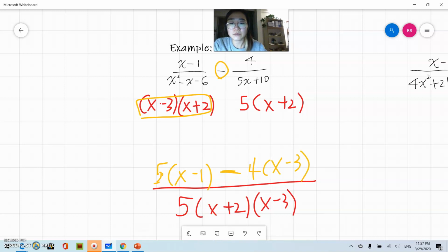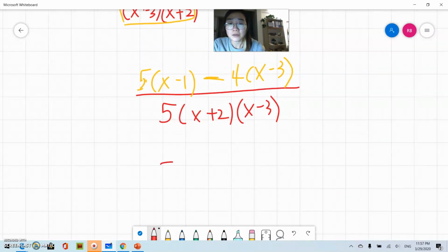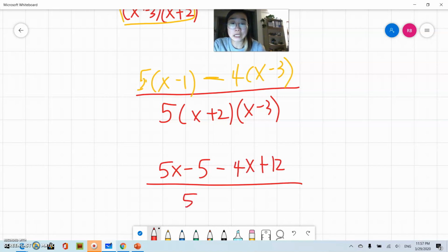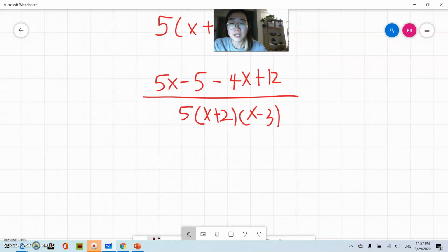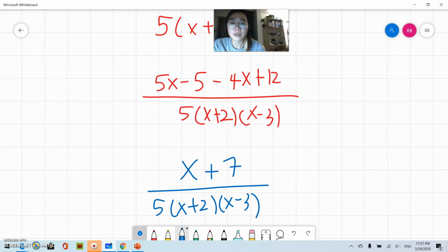So to finish it off, we just simplify the top. 5x minus 5 minus 4x plus 12 over, and I don't care if you don't FOIL the bottom because it's always going to be a little bit messier than the top, the numerator. And so the final answer is 1x plus 7 over 5 times x plus 2 and x minus 3.